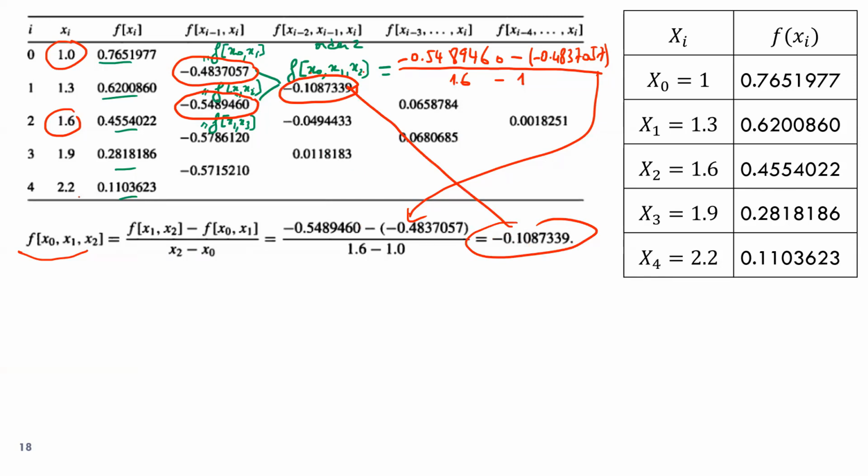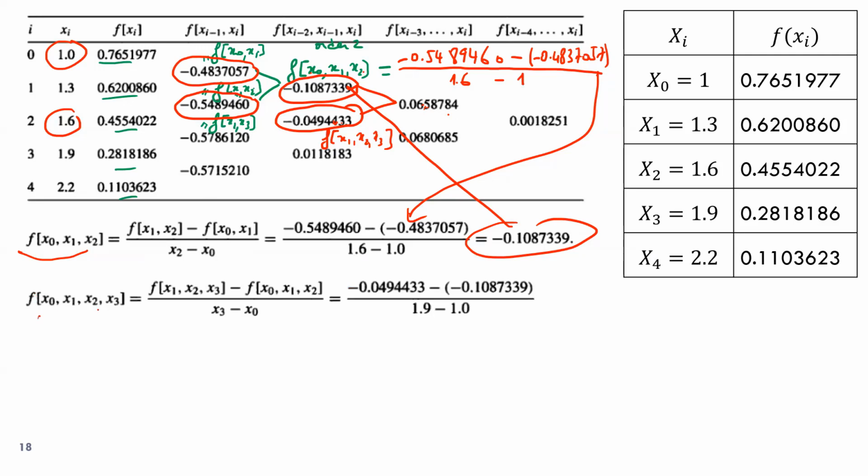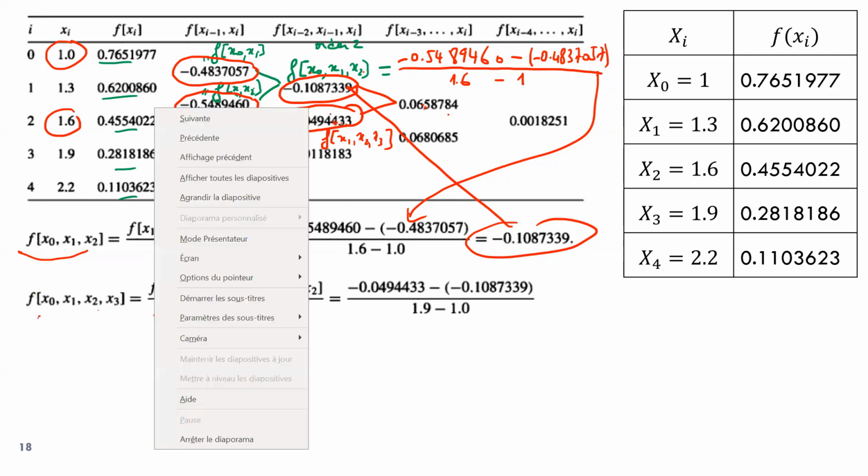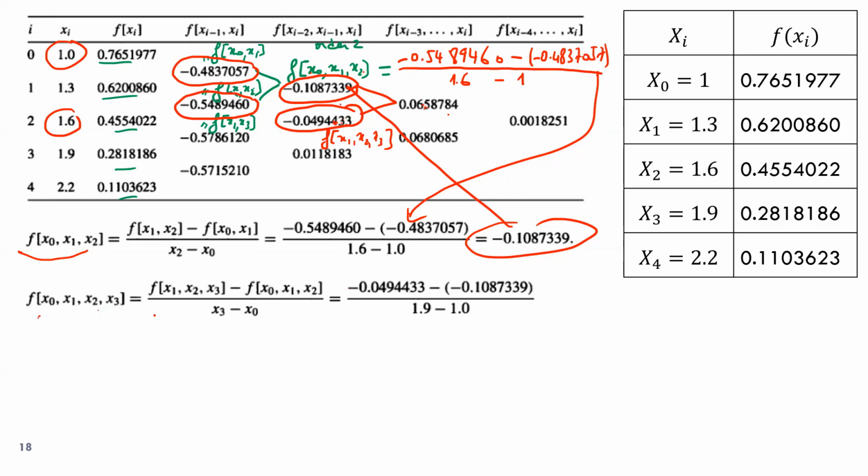بعدين ايش نحسب؟ هل ممكن نمر الاوردر 3؟ هل ممكن نجيب هذه؟ لا، لازم نجيب اوردر 2 كامل. لازم نحتاج هذه ايضا، هذه المشكلة. فلازم نحتاج هذه اللي هي x1 x2 x3. وبهذا من الاثنين ممكن نجيب الاوردر 3 اللي هي minus 0 499 minus هذه على x3 minus x0. ونحسب.